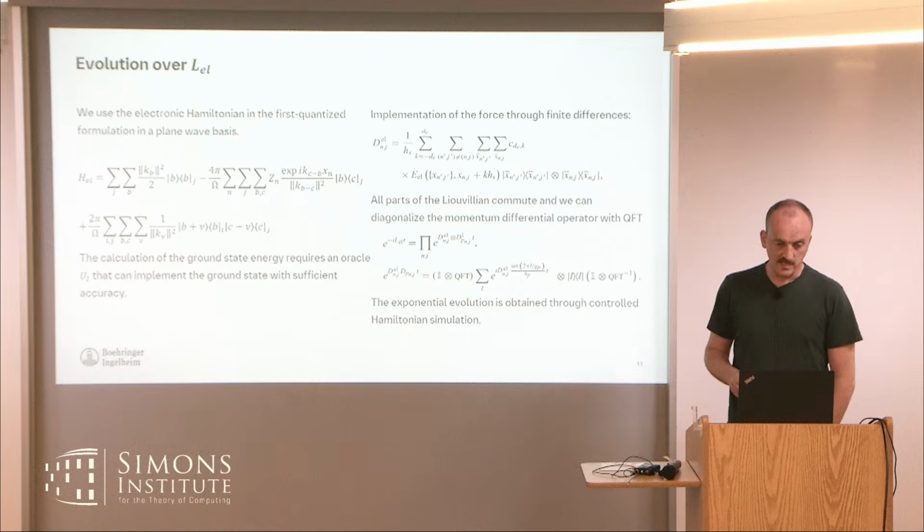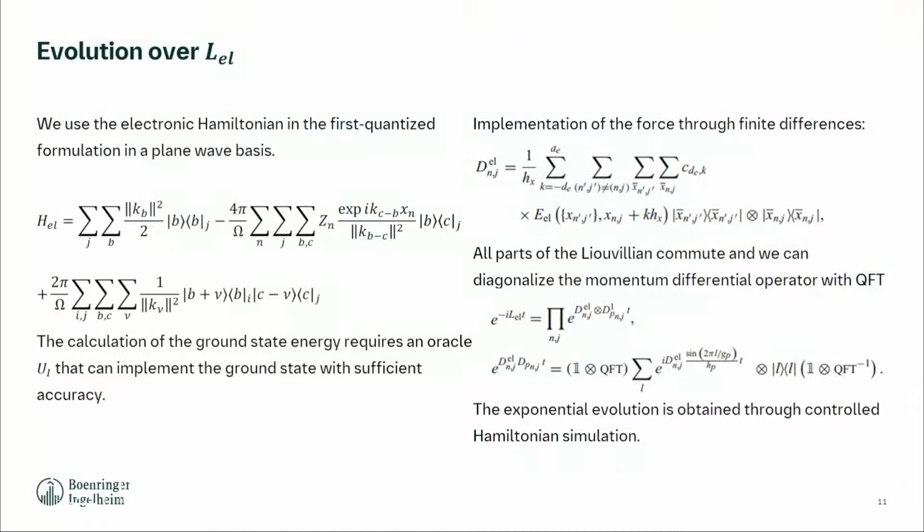For the electrons, it's a bit more complicated. What we actually do for the Hamiltonian is a block encoding of this electronic Hamiltonian. It's the first quantized plane wave expansion of the electronic Hamiltonian. The reason we do that is because this one only depends on the positions of the nuclei in the electron-nuclear attraction, and none of these other parts depend on the momentum or the position of the nuclei.